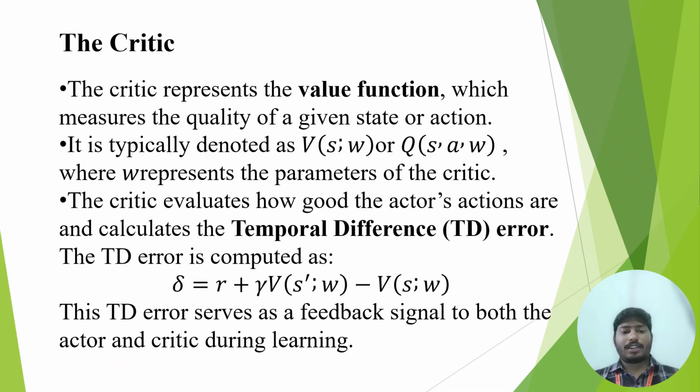The TD error is computed as delta equals r plus gamma V of s', w minus V of s, w. The TD error serves as a feedback signal to both the actor and critic during learning.